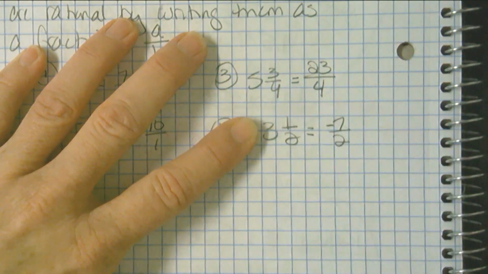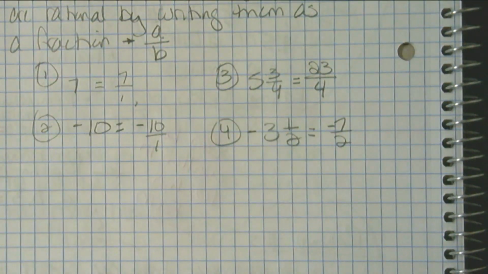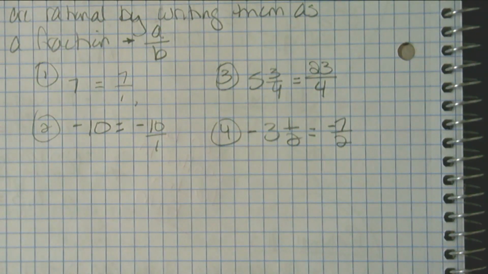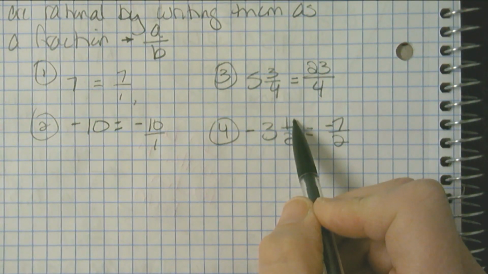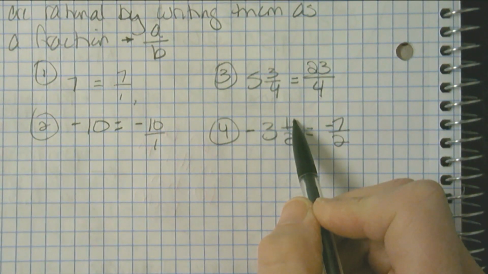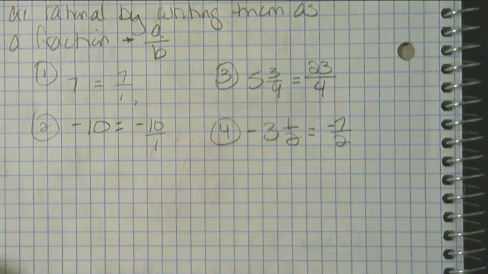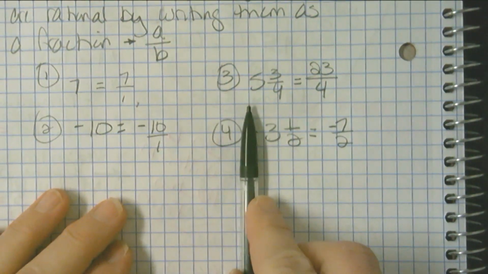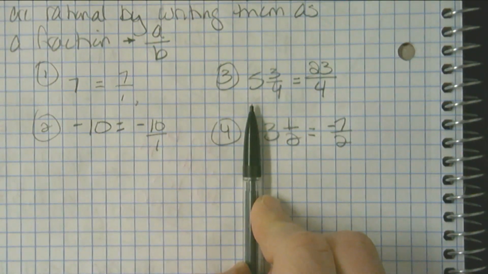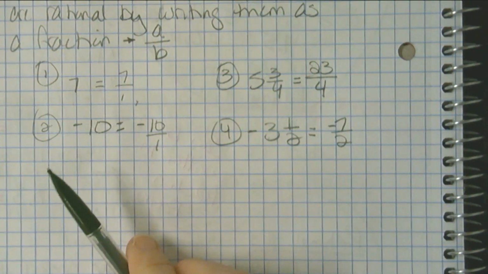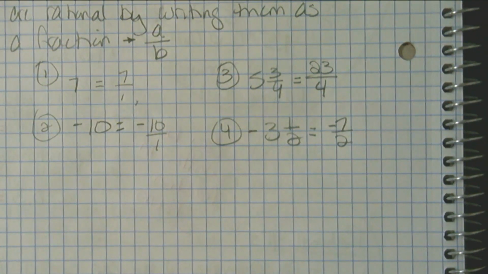Negative 7 over 2. Because when I first started teaching, I know that innately, right, that that's what you do. But there were a lot of students that would do 2 times negative 3 is negative 6, plus 1 is negative 5. Can you guys see how that mistake can be made? All right, and that's not what we want to do. You just drop the sign off, use the process in turning a mixed number into an improper fraction, and then throw the sign back on. Okay, how many of you guys are really cool with this?